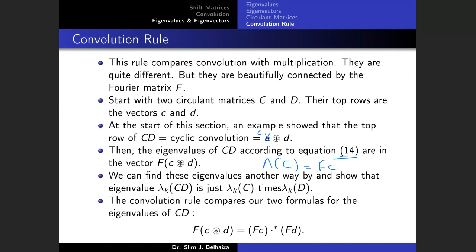If you apply 14 to CD, you get capital lambda of CD, which would be F times C times D with the cyclic convolution. This is what we are trying to say.